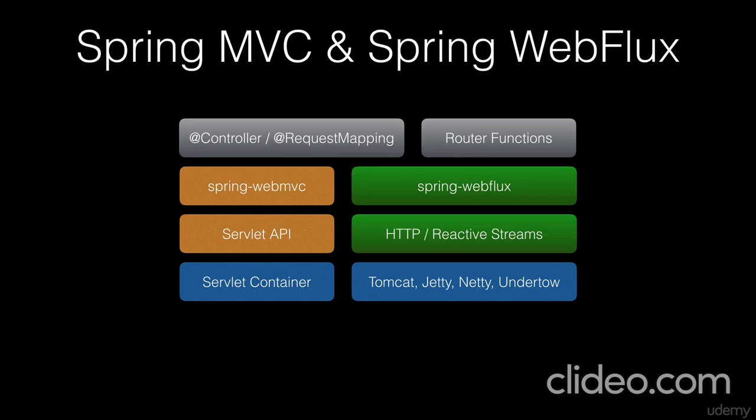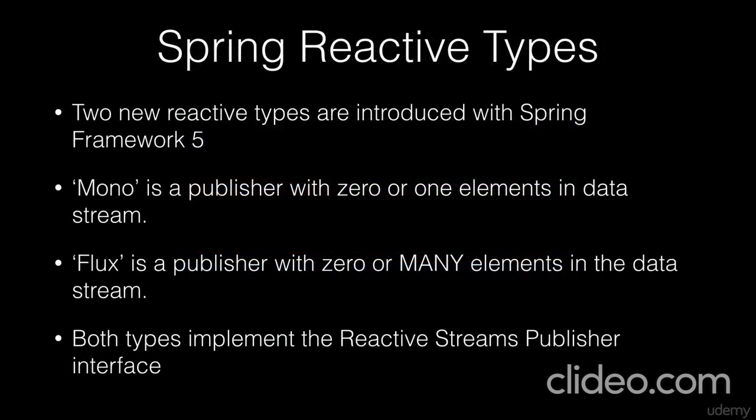And the Spring framework will work with any of those. Now, the next thing we need to talk about inside the Spring framework is the Spring reactive types. So there are two new reactive types introduced with Spring Framework 5. Mono is a publisher with 0 or 1 elements in the data stream. And this is important to understand, 0 or 1. And then Flux is 0 or many elements inside the data stream.